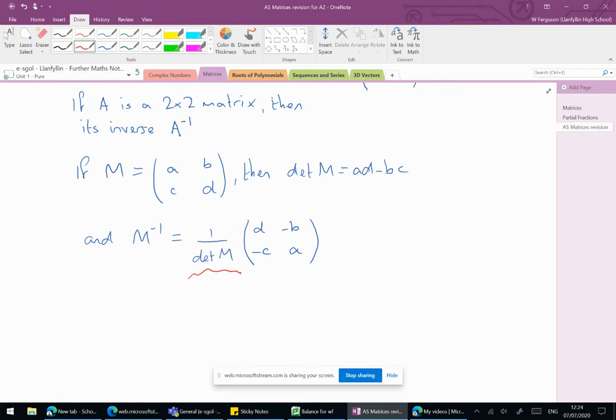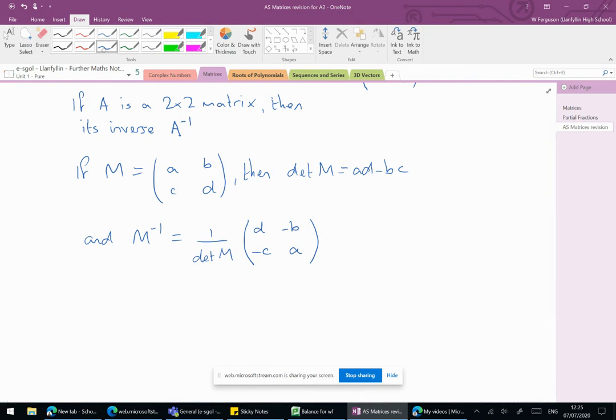Quite a common error is that people forget that this fraction outside the rearranged matrix, the fraction as a whole, is not the determinant. It's the bottom of the fraction there that's the determinant, or at least whatever the number on the bottom of 1 over something is, that's the determinant of this matrix, not the entire fraction, just the bit under the 1.